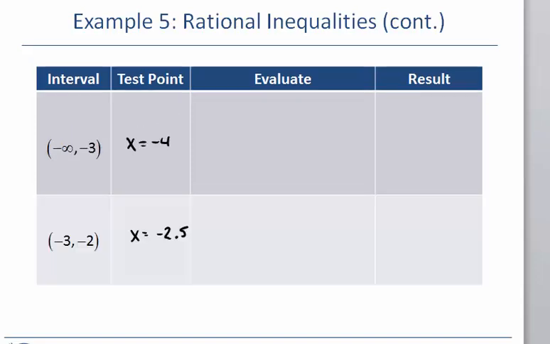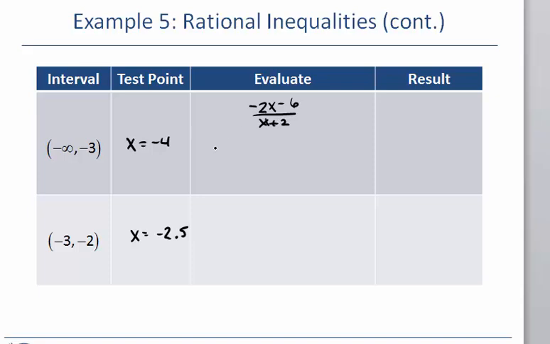And then we need to evaluate. And we're going to evaluate back in our original function, once we have it set equal to 0. So we're going to be evaluating in the function negative 2x minus 6 over x plus 2.